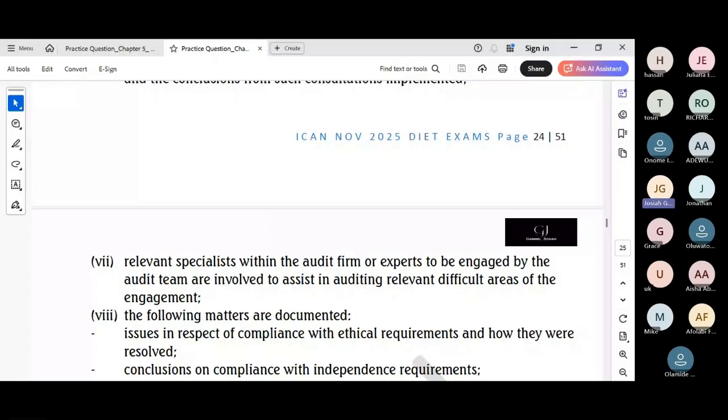Then supervision and review, which is a key element of a system of quality management. Then consultation, speaking to experts on important, contentious and difficult areas like the investment property valuation. Then the engagement partner review, which will add value, and the independent review is actually vital. And proper planning and documentation, which is the foundation for a good audit.